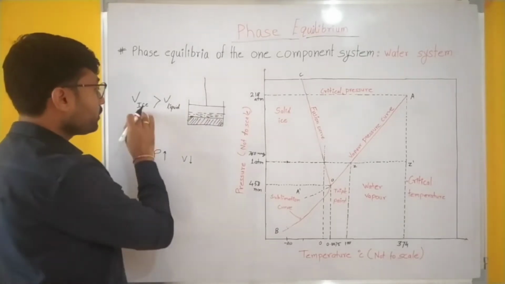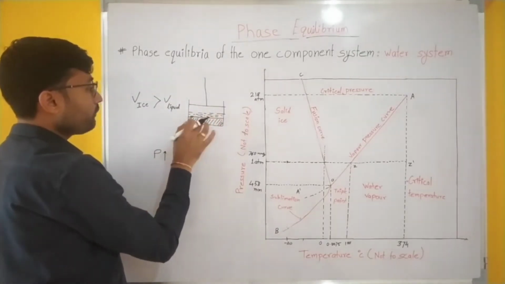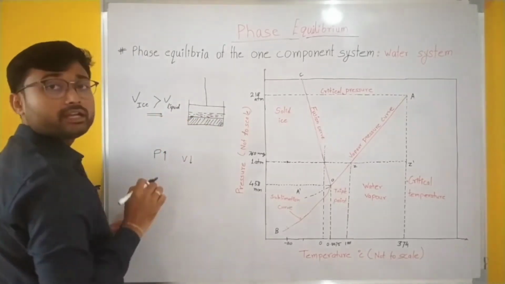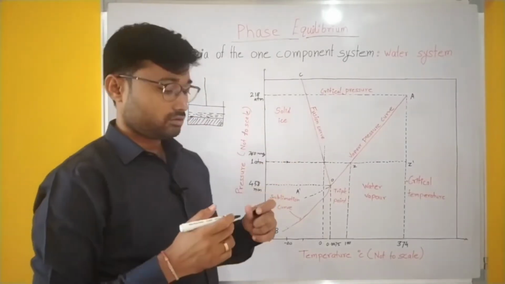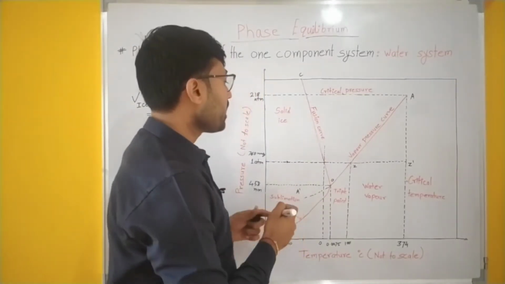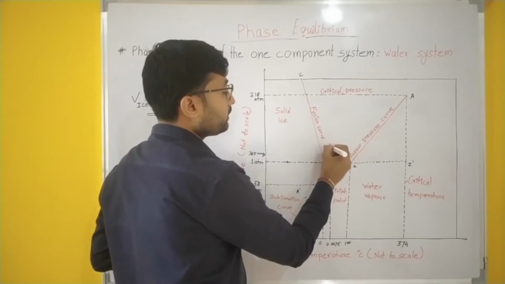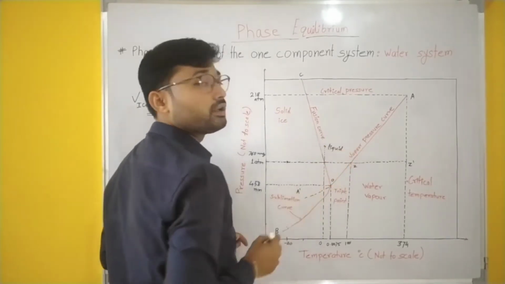So because of this, when you are reducing the volume, whatever ice is there will go back to the liquid state. Because of this phenomenon, we call it anomalous behavior of water. So as we are increasing the pressure, it will form only liquid. Fine.